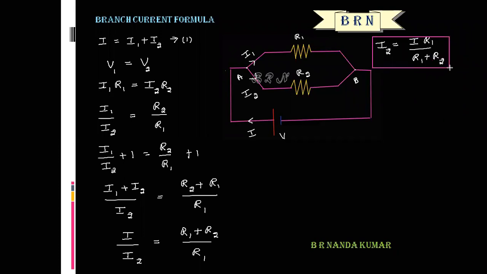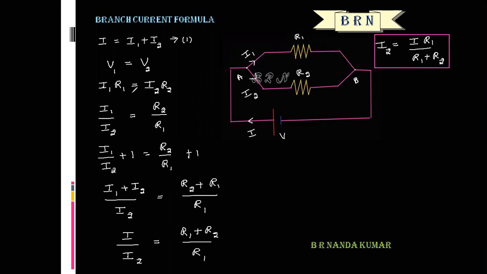I2 is equal to I R1 divided by R1 plus R2. Branch current is equal to main current into resistance of the other branch divided by the total resistance.